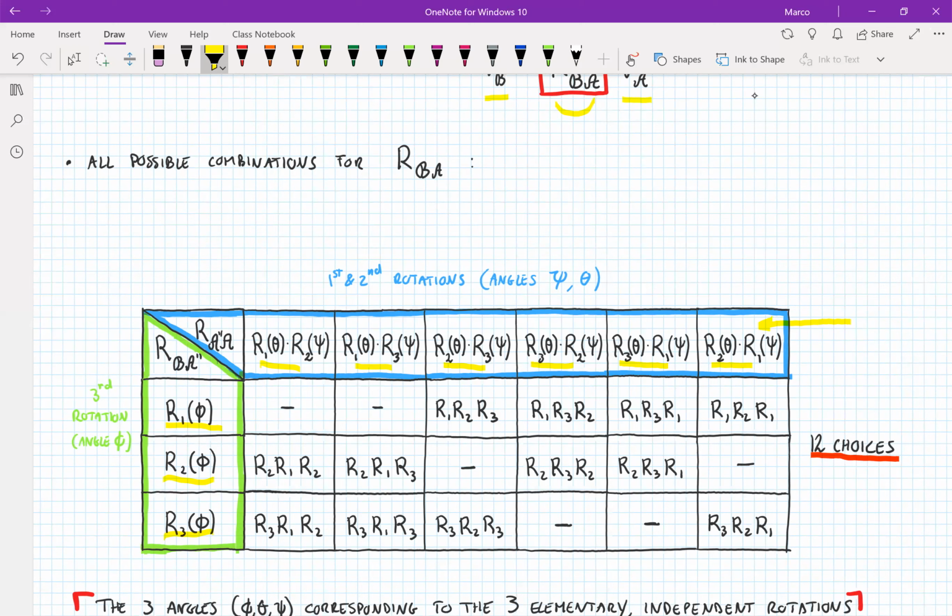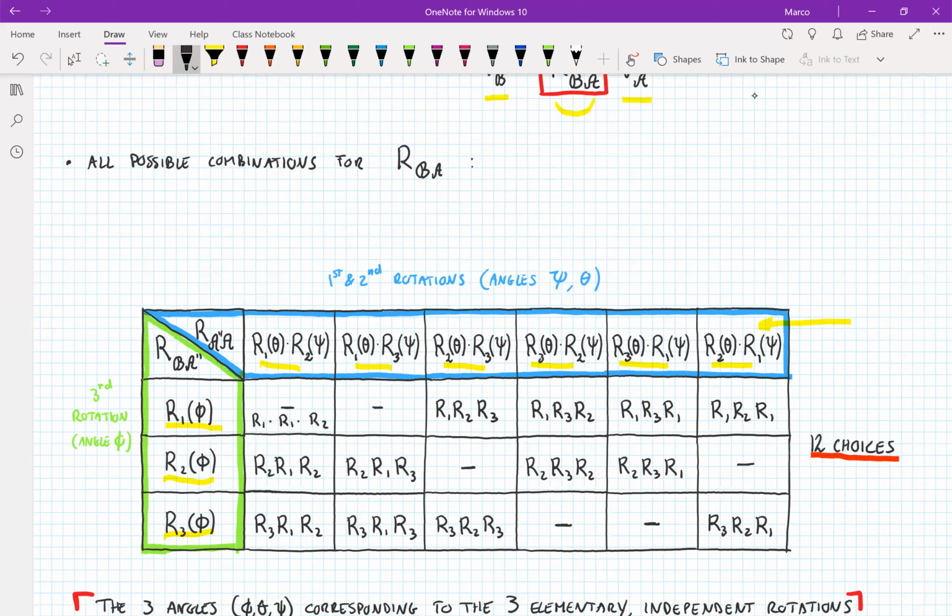So let's see all the possible combinations. And once again, we have to avoid rotations that are not independent. So for instance, in this case, over here, sorry, let me write it again. We would have R1 times R1 times R2.